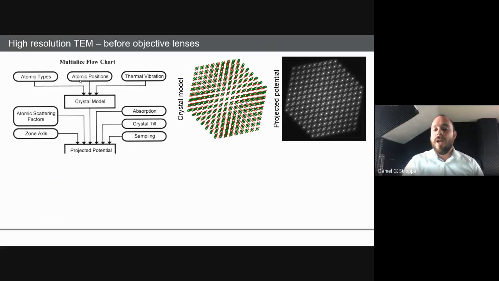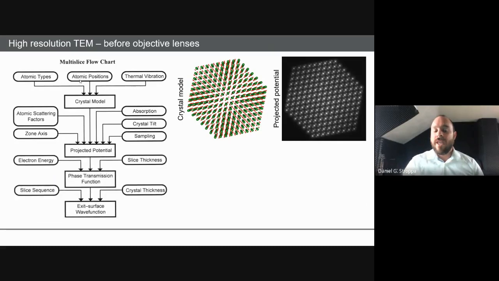And what is done is that we input an electron wave, and then basically what we need to know is the energy of the electrons and the convergence that we have, that in this case will be very close to parallel. And then we're going to have the interaction with one slice, with the top part of the sample. And then we're going to have here what is denoted as Qn(x,y) times the potential function of the sample (x,y).